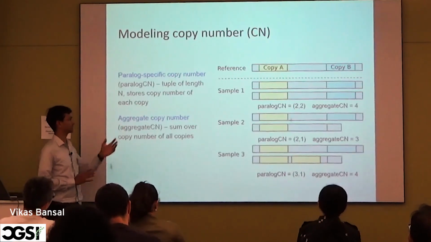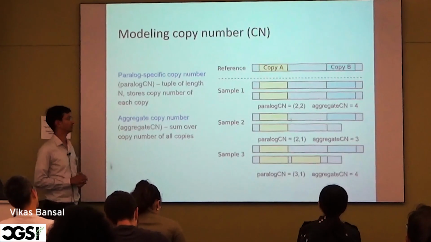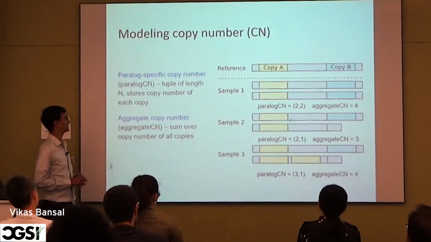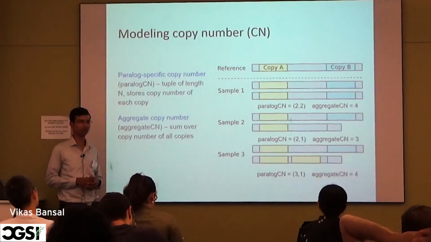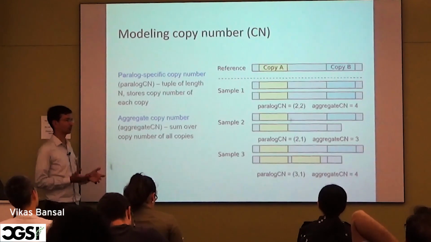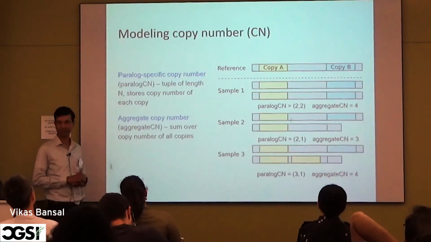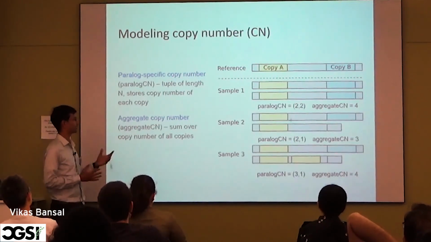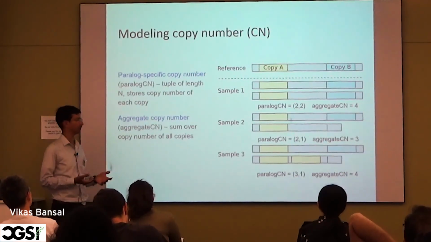So consider a gene that has two copies in the reference genome, which we label as copy A and B. Now any given sample, because we're talking about human genomes, if there is no copy number variation, we expect to see 2 copies of A and 2 copies of B. And in this case, we say that the paralog-specific copy number, or paralog CN, is basically 2, 2.